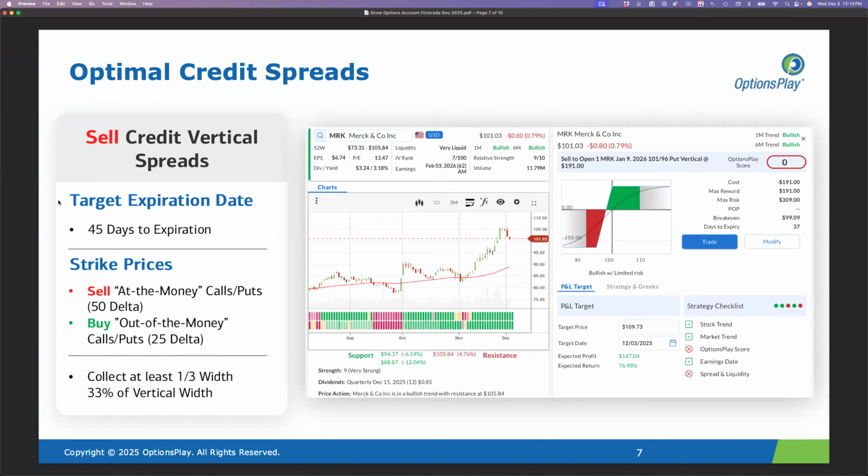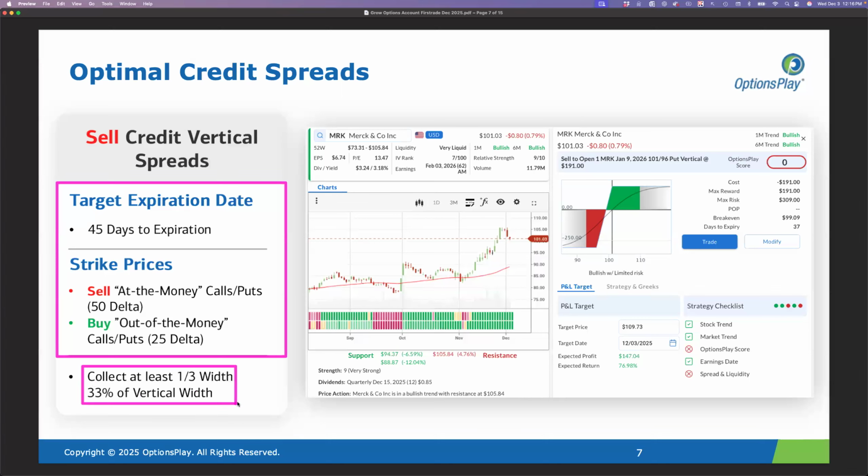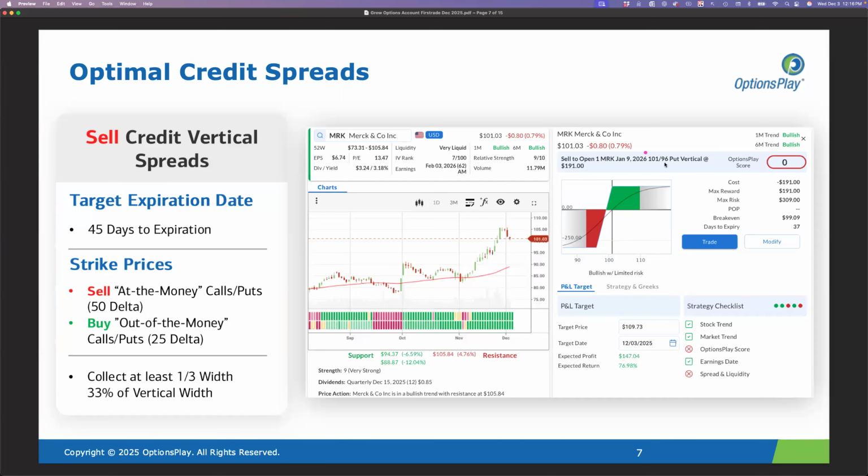Now, if you follow these specific rules, using the target expiration date and strike price, the rule of thumb is that you want to collect at least 1/3 of the vertical width in order for this to be a strategy that's worth trading. So what does that mean? The distance between these two strike prices, the 101 and 96, that's what we call the vertical width of the credit spread.